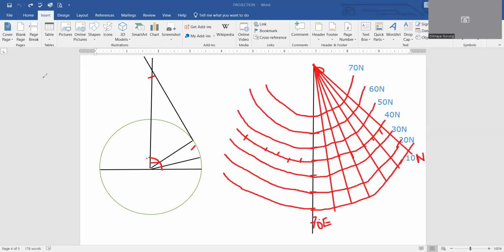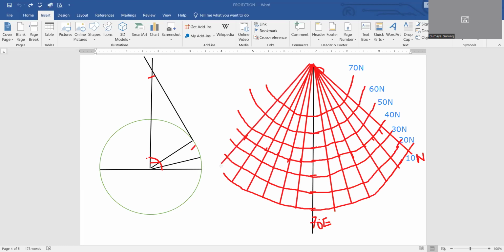Now in the same way, make the other side. We label this line 60 east, then minus 10 each time because the interval is 10: 50 east, 40, then 30, then 20, and finally the last one, 10 degrees east. Done.